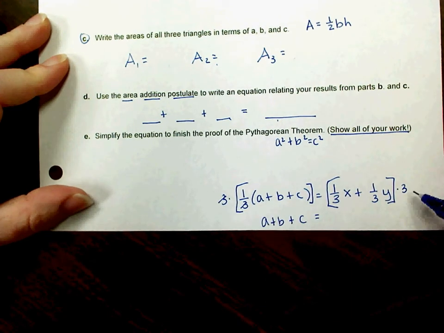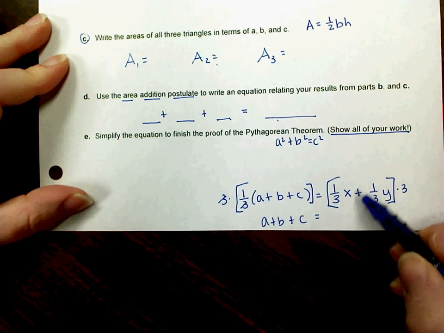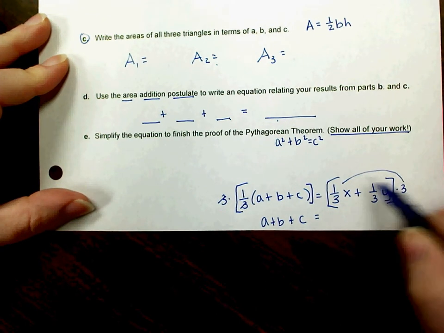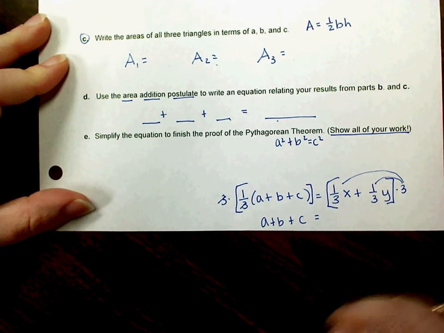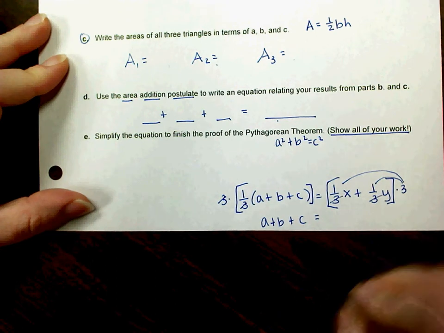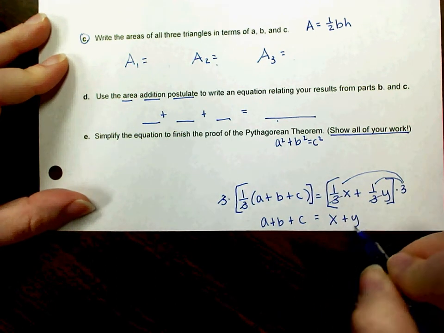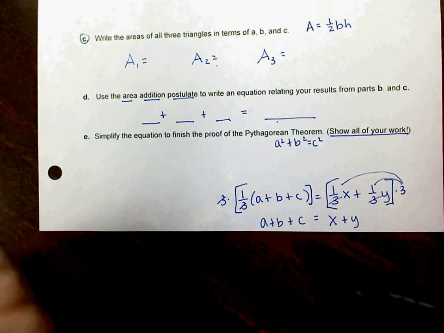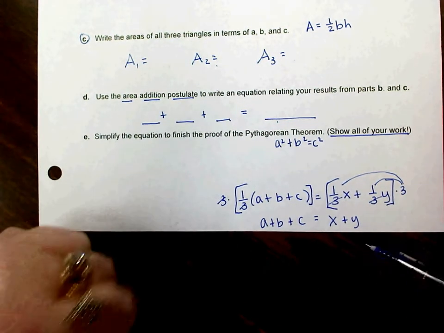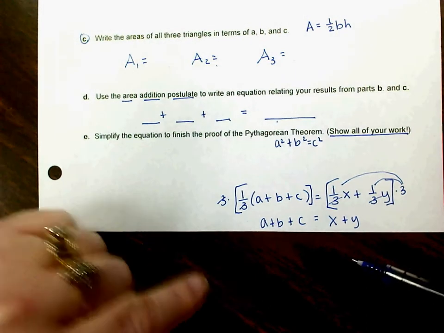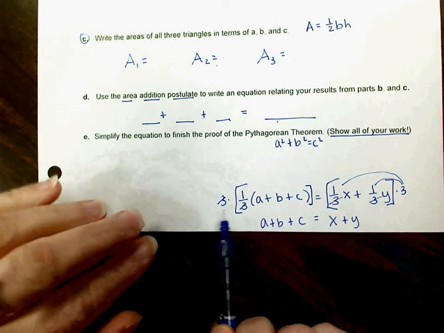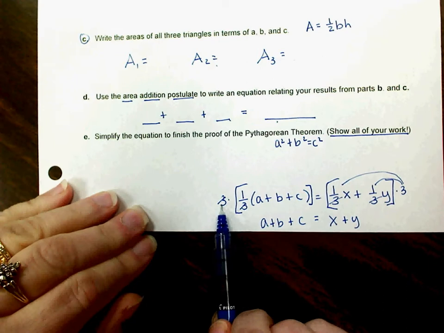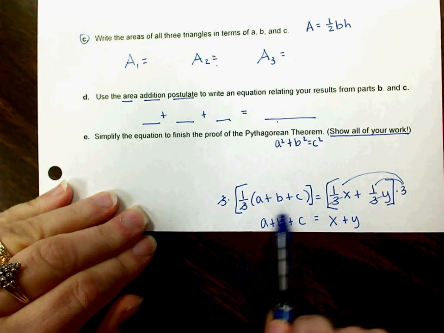When I multiply it over here, I'm multiplying across this addition, so I have to multiply it by both terms, which means both of these 3's go away, and I'm left with x plus y. So that's obviously not the equation needed for here, but that's some fraction knowledge there that might help you with simplifying your equation. So here you had 3 numbers being multiplied together, the 3, the 1/3, and the sum of these.